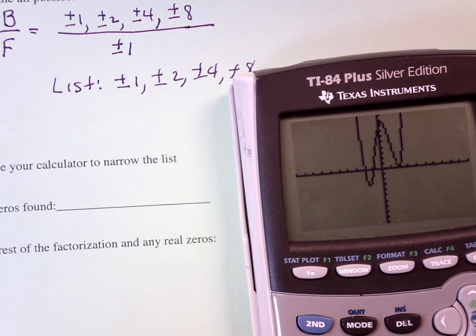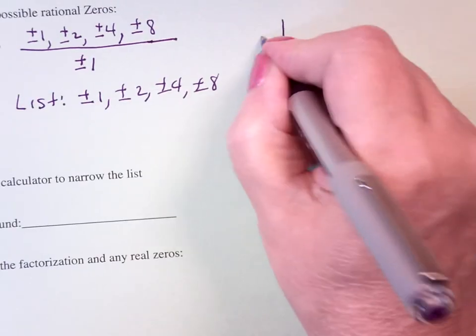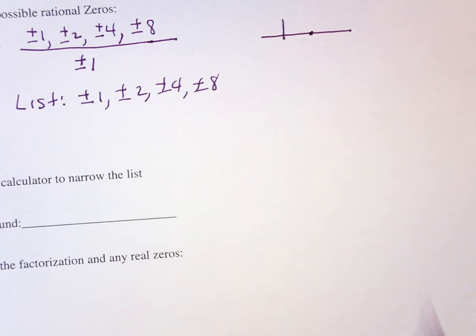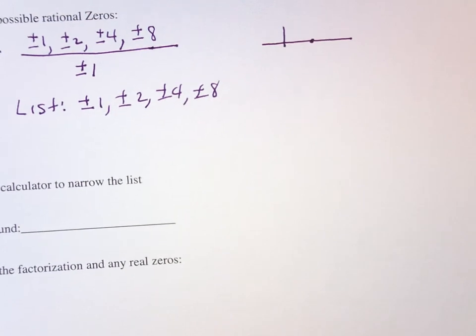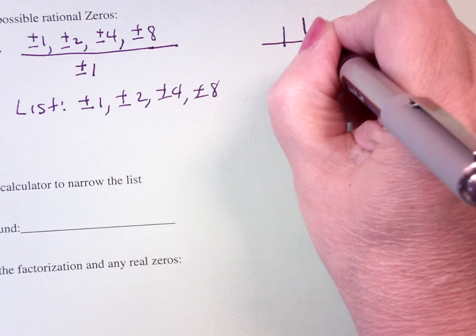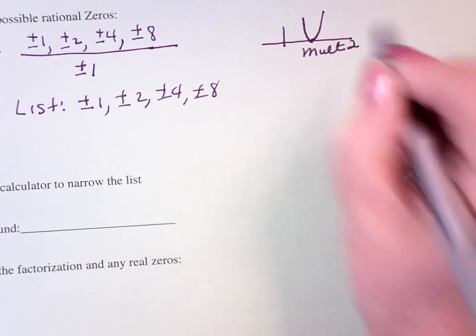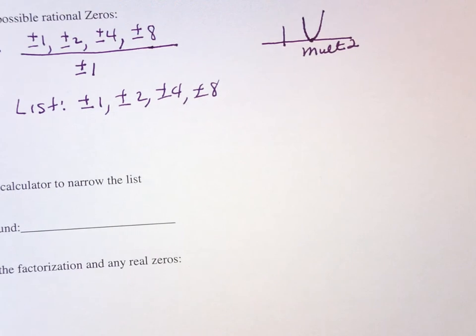What I don't know is what that graph could do as it comes down to the x-axis, because my calculator really doesn't give me a good look. Does it come down and touch, bounce back up? That means this is multiplicity 2. So I do have 3 of them, but one of them is multiplicity 2, which gives me 4.